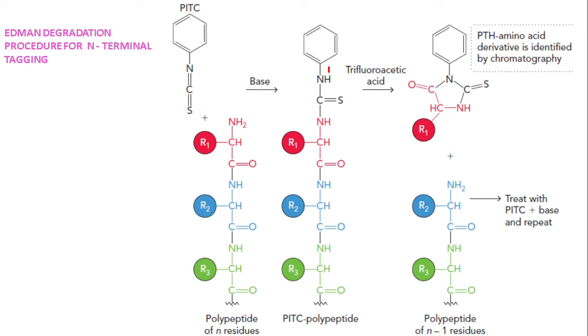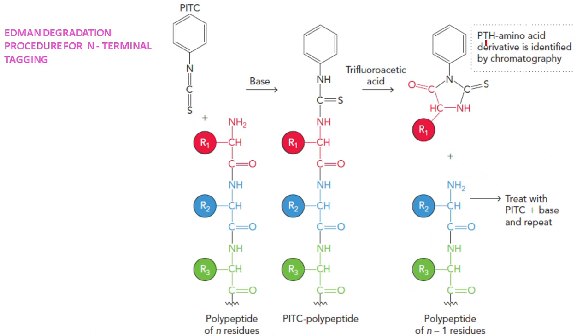You see, phenyl isothiocyanate polypeptide is produced. This polypeptide is then hydrolyzed using trifluoroacetic acid. What happens, the amino terminal amino acid along with the PTH is removed from there by means of hydrolysis, and the rest of the polypeptide chain also is there.